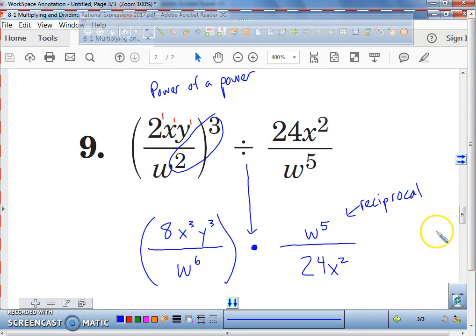Back in the 6th grade, you learned that when you divide fractions, you actually multiply the first fraction by the reciprocal of the second. Back in the day, you probably heard a teacher say, keep it, change it, flip it. Which basically means you multiply by the reciprocal.